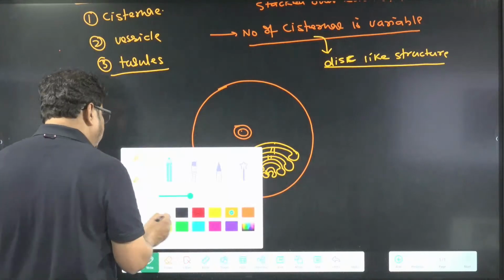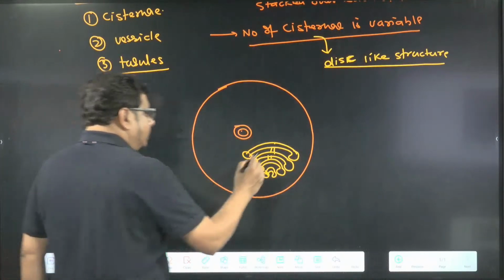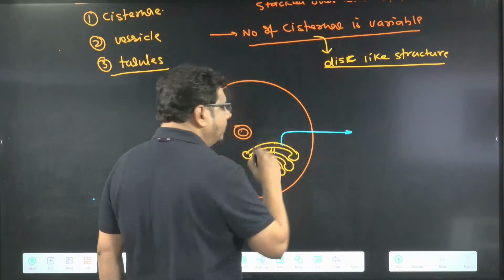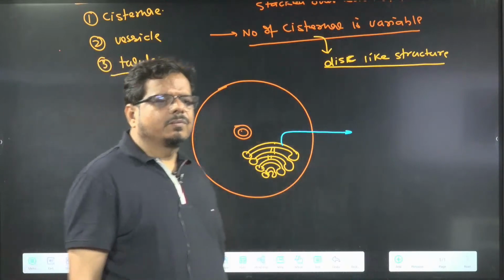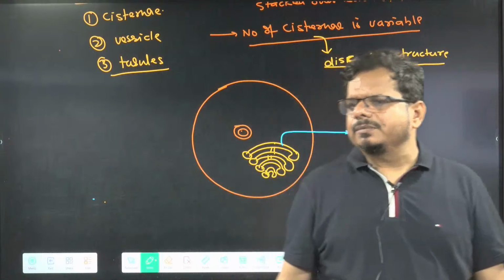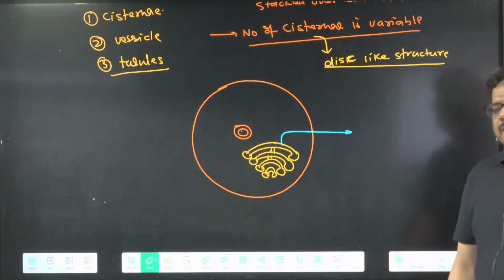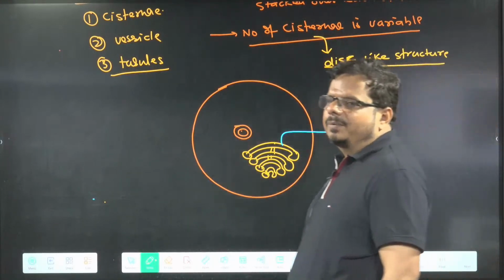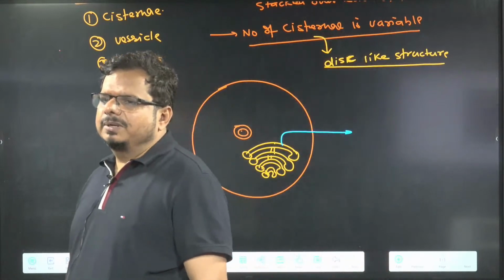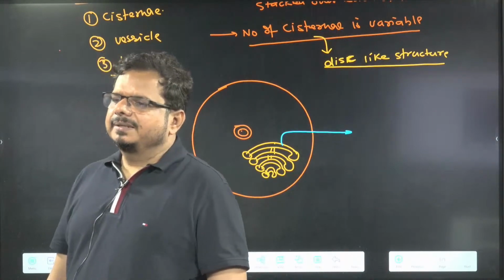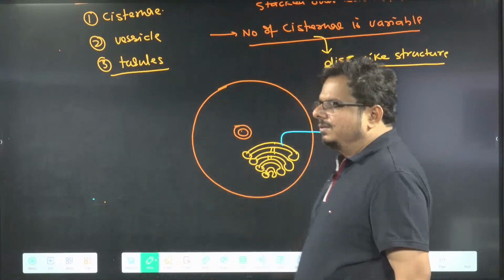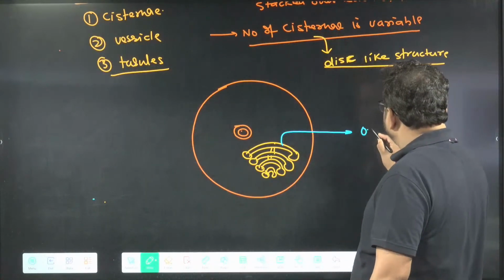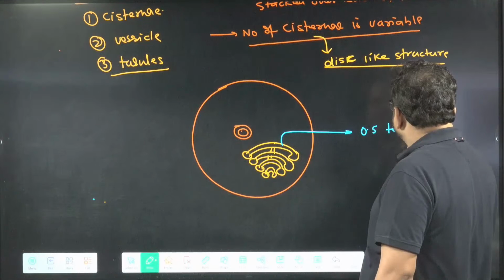Now NCERT also wrote the diameter of cisternae. Tell me, what is the diameter NCERT wrote? Pin the answer. What diameter of cisternae is written in your textbook? First, try to answer without the help of NCERT. If you're not able to answer, then take the help of NCERT. So what is it? 0.5 to 1.0? What is the unit?